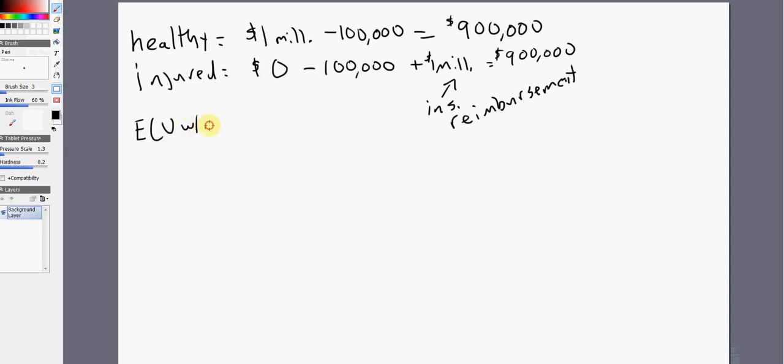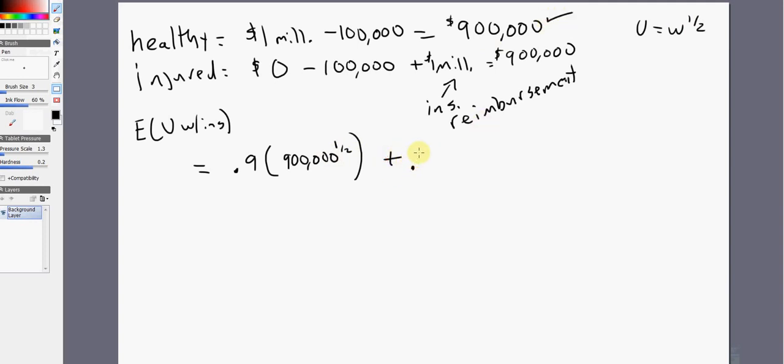So expected utility with insurance. Okay, so there's a 90% probability that he'll be healthy. How much wealth will he have? $900,000. Okay, we're plugging $900,000 into that utility function. Remember, the utility function is just the square root of wealth. That $900,000 is coming from up here.